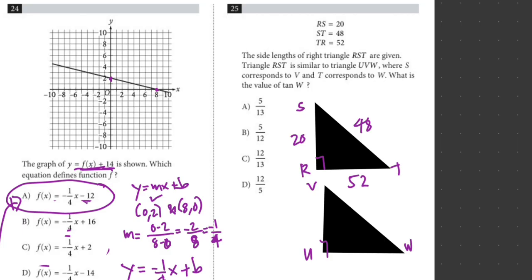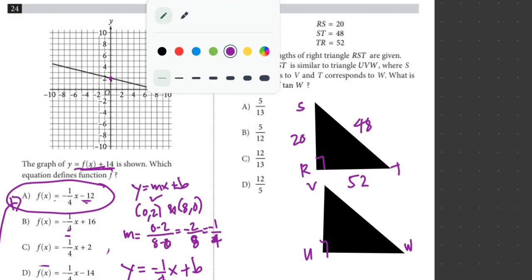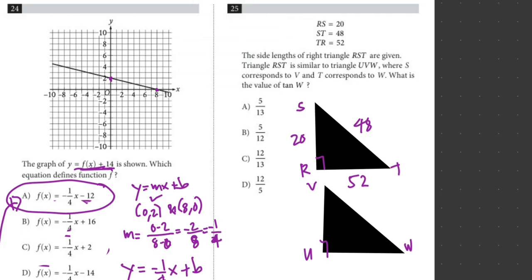Okay, so corresponding angles should be equal, right? Therefore, if we use sine or cosine or tangent, what is the value of tangent W?